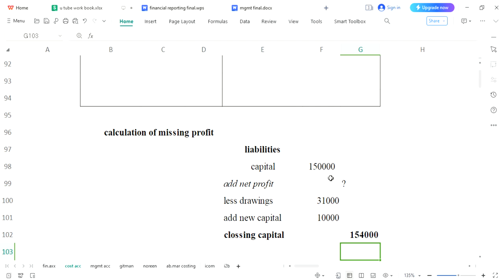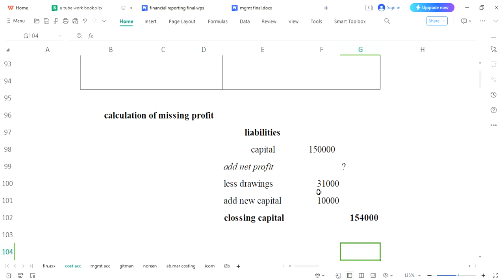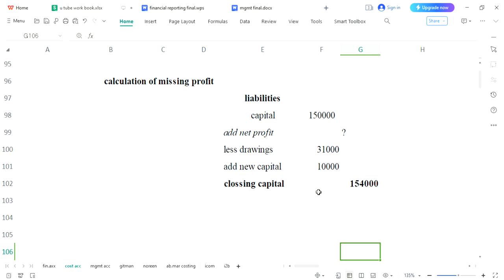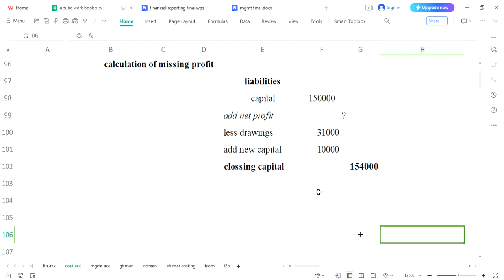Now here is our question mark: how to calculate that net profit? For that, let's consider ourselves a small kid. If a plus sign is written over here, and it has been written 10, after which we are provided the final answer as well, and that answer is 15.